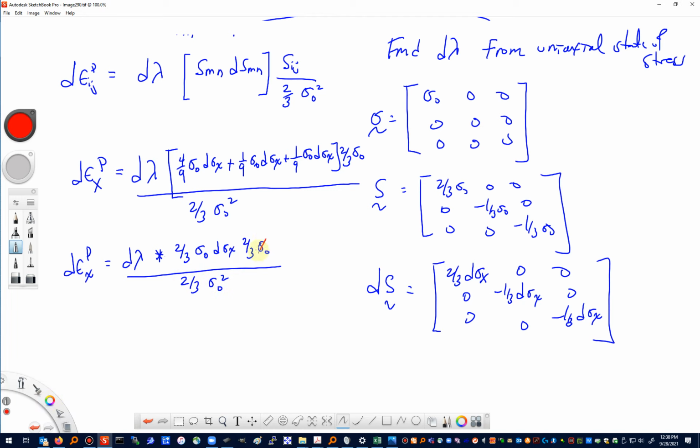Alright, so the sigma naughts will all cancel out. One of these will cancel out. And if we solve for d lambda, we're going to get 3/2 d epsilon x plastic over d sigma x.